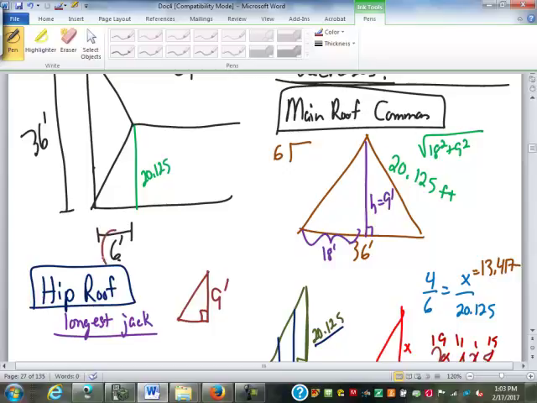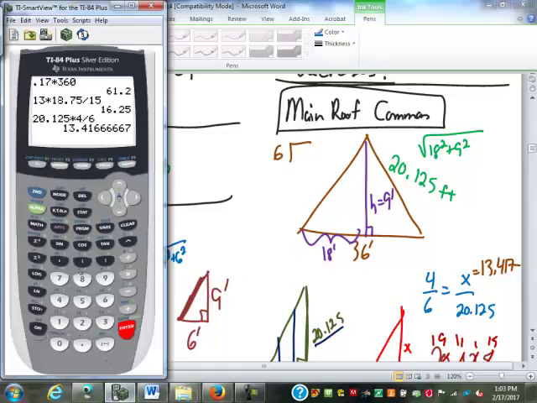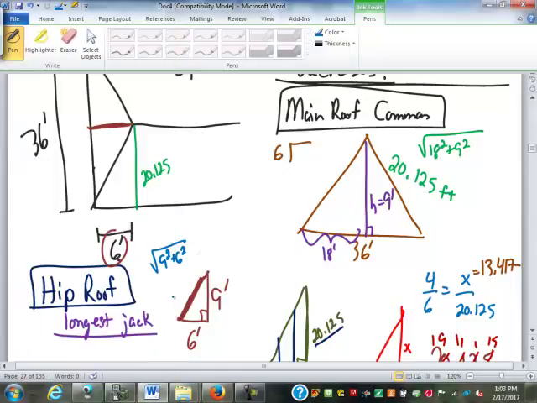We know that the setback is 6 feet. We're looking at this here, we're looking at it from the side. So this surface right here is this jack, right? So this should be the square root of 9 squared plus 6 squared. 10.817.